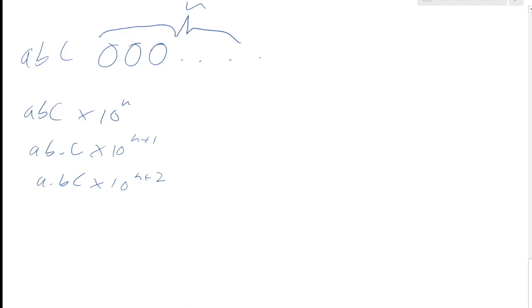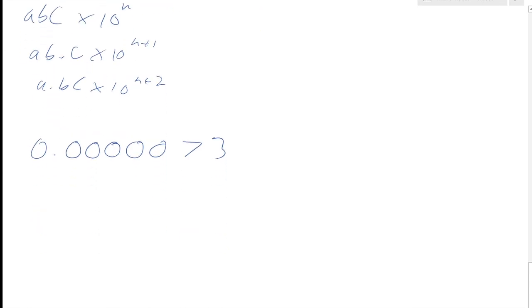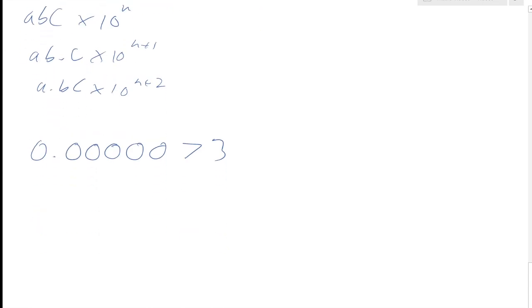If you have a really small number, so something that's a decimal, such as your 0.00000073, again, count the zeros, multiply by 10 to the negative that power, and you'll be done.